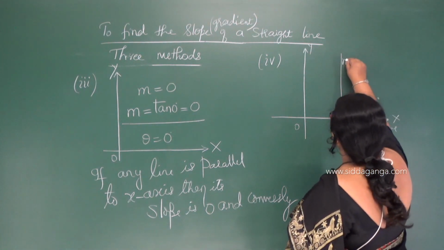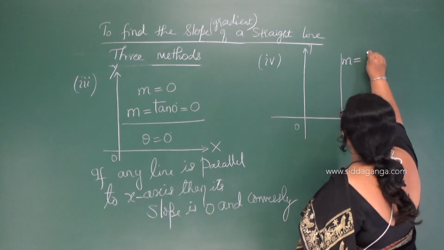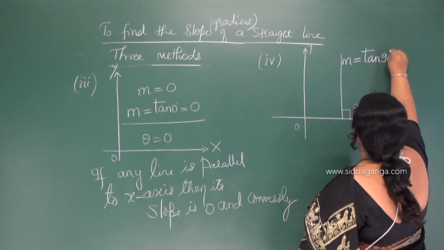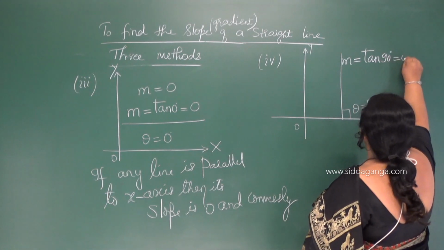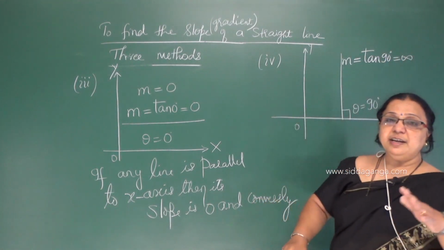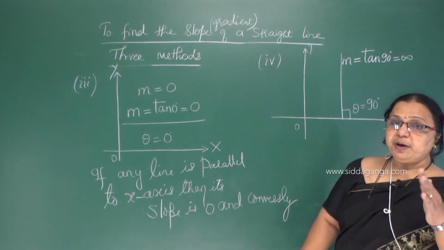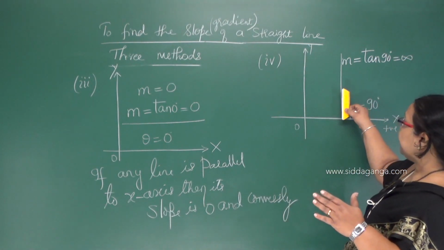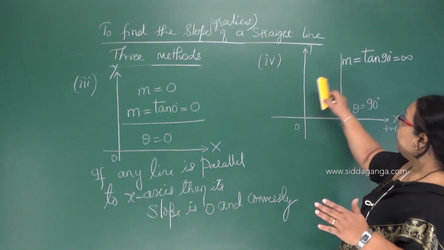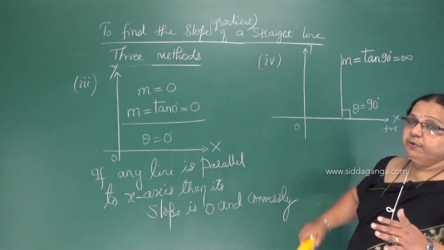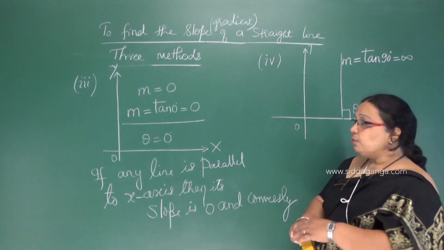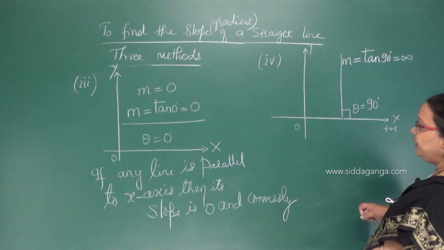Then the slope of such line is given by m equal to tan 90 degree, which is nothing but not defined. The slope of a line which is perpendicular to x-axis or parallel to y-axis is not defined, which is denoted by infinity. So m equal to infinity.